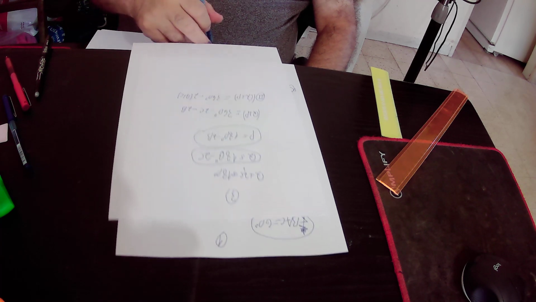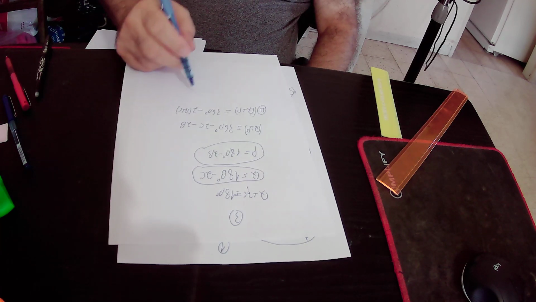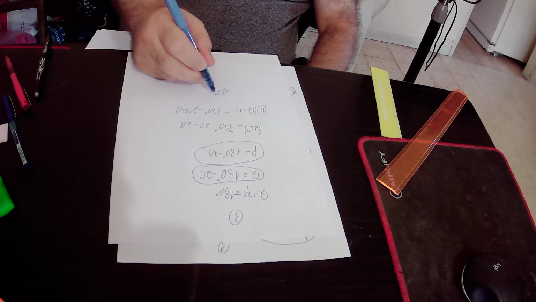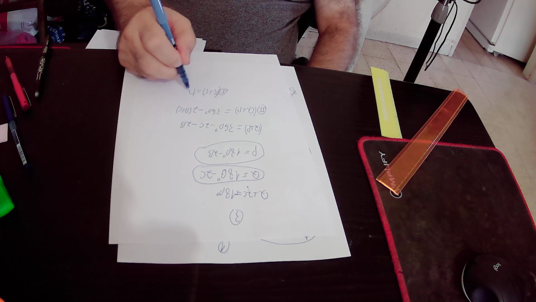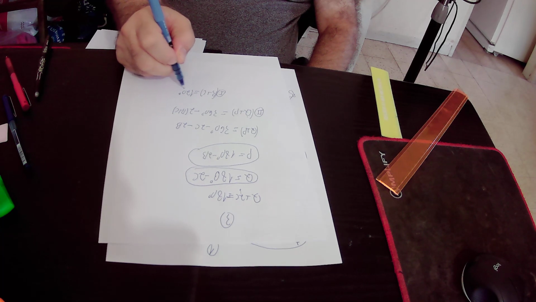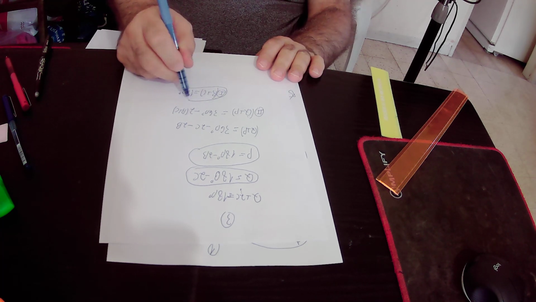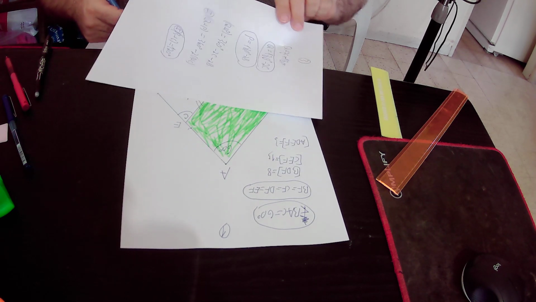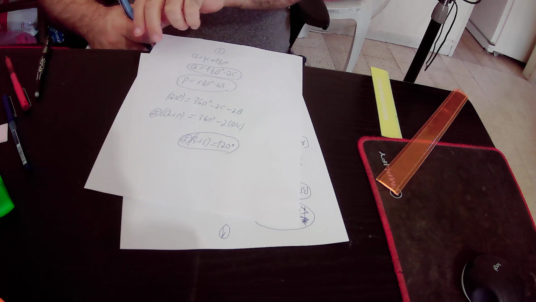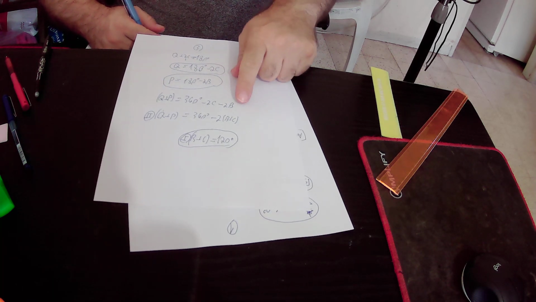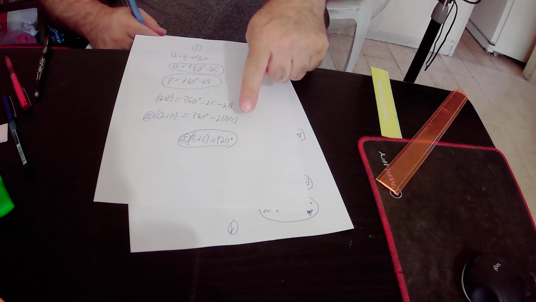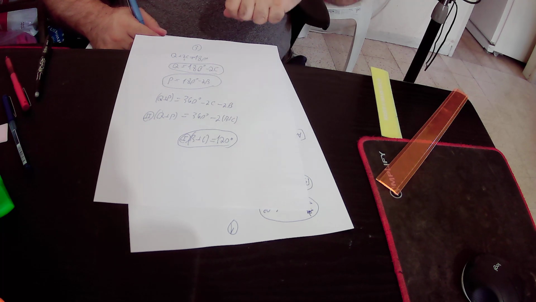But we have already found out that B plus C, according to equation number 1, equals 120 degrees. We know that B plus C equals 120 degrees, so we can substitute B plus C in equation number 2 by 120 degrees from equation number 1.